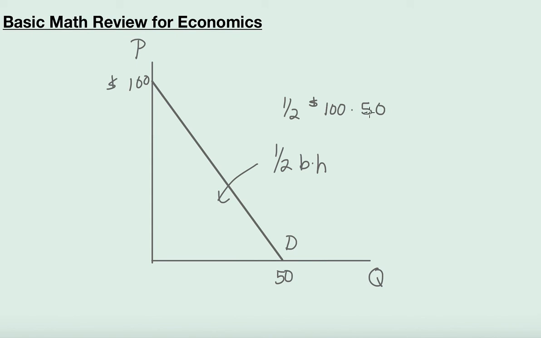So we can just take 1/2 and divide through like that, and we'll see that it's going to be $100 times 25, or $2,500.